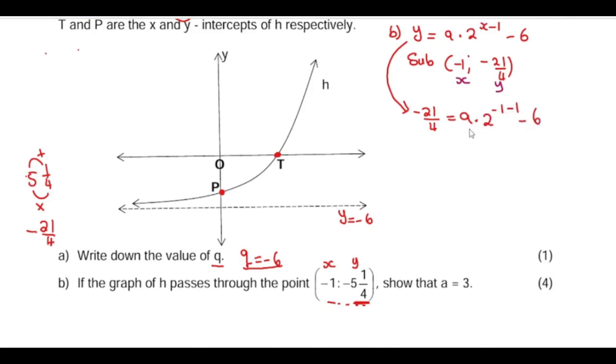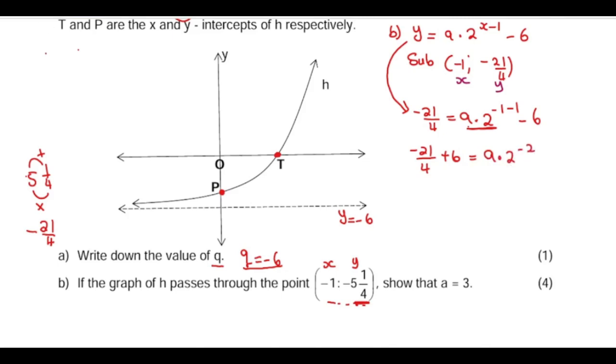So the aim is to isolate this term. Make sure that this term is on its own side. So we can write this as negative 21 divided by 4. The 6 comes to the left hand side to be positive 6. Then this is equal to a times 2 to the power negative 2.